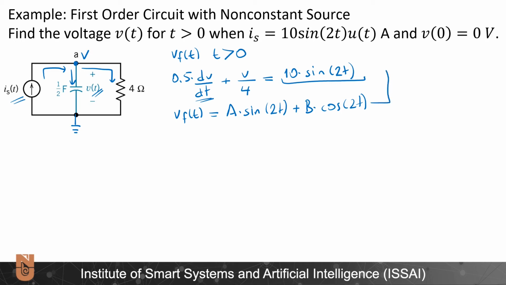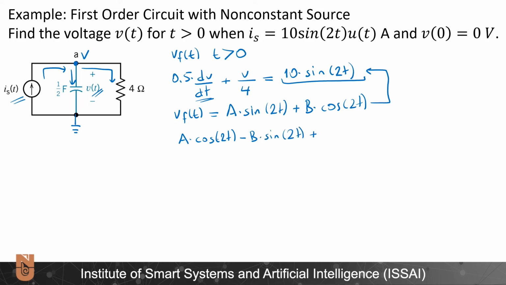So now let's plug in this solution to here. So 0.5 times the derivative of A times sine 2t. Sine 2t's derivative will be 2 times cosine 2t, so I will have at the end A times cosine 2t, plus cosine 2t's derivative will be minus 2 sine 2t, so I will have minus B times sine 2t.